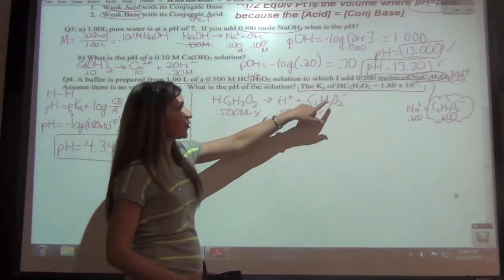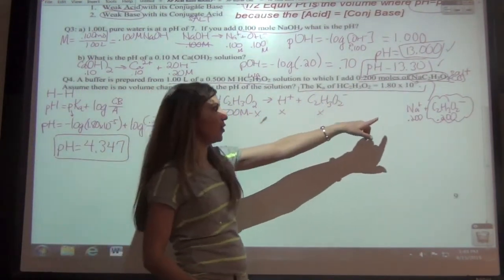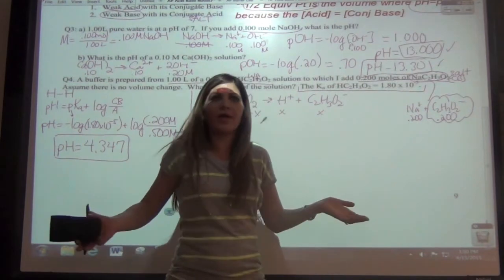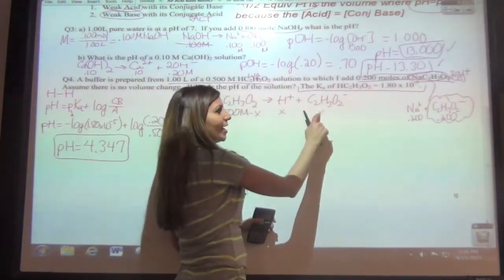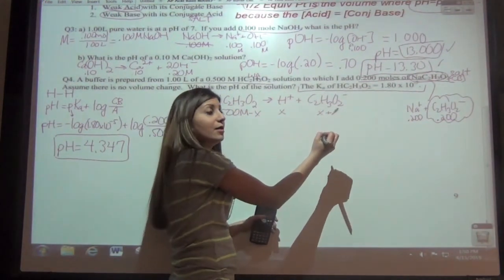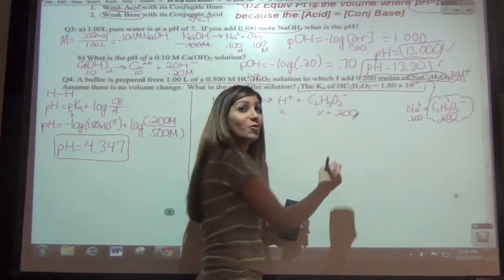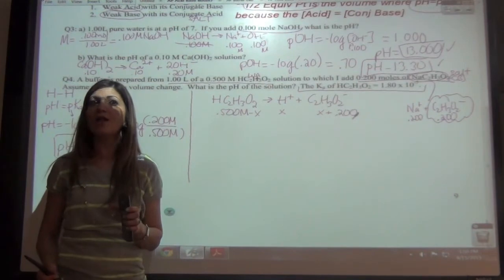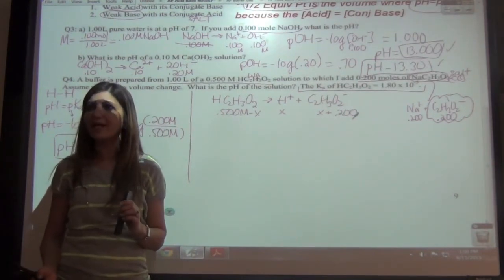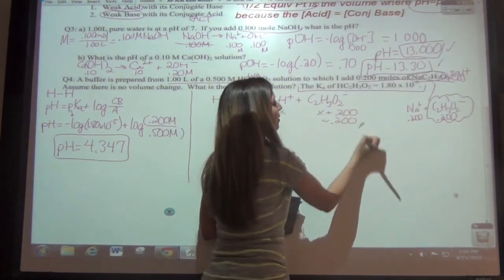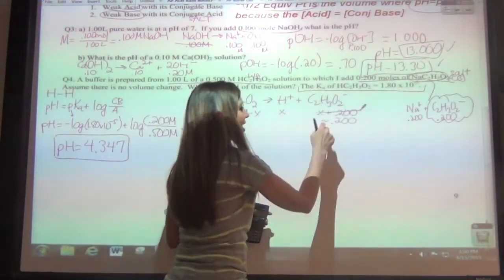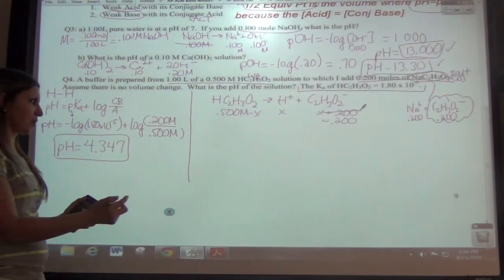Now this, if you're adding this to it, and you know that it's a 1A, we know that 1As are very soluble and it's going to dissociate. So this is actually not X, this is X plus what? 0.2. And we're going to assume that X is so small that it's actually equal to what? 0.2. So this is approximately equal to 0.2. So we're not going to use that, we're just going to use 0.2. So now we're going to write our expression.